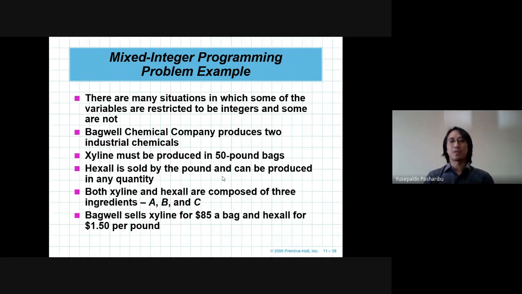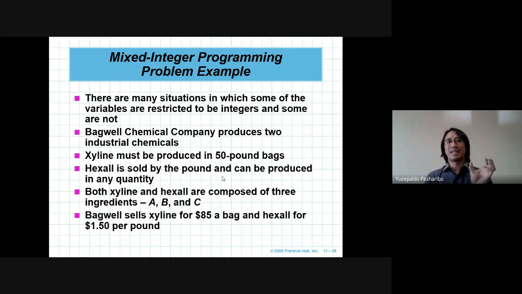And the second product, hexal, is sold by the pound and can be produced in any quantity. This is the keyword. Any quantity means you can produce it not in integer value. We can produce it 1.5 pound, etc. That means this is in real value.